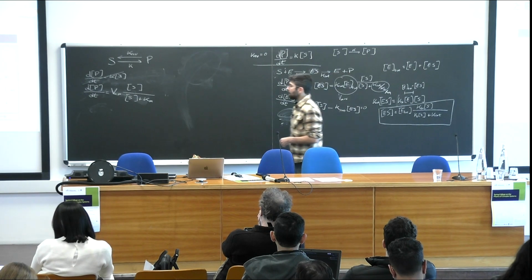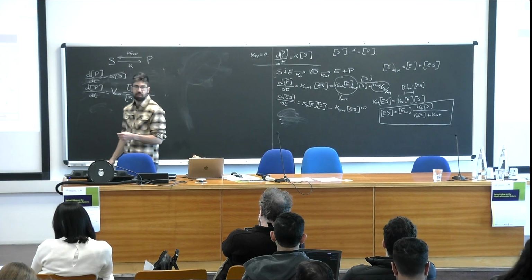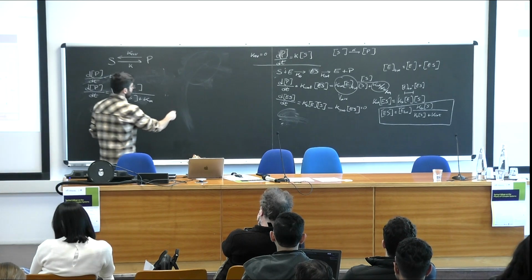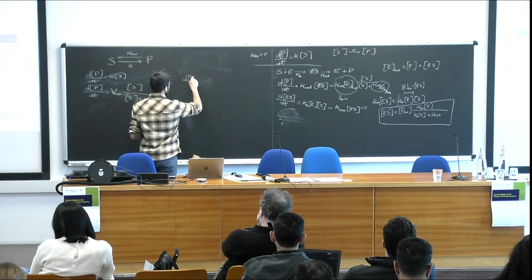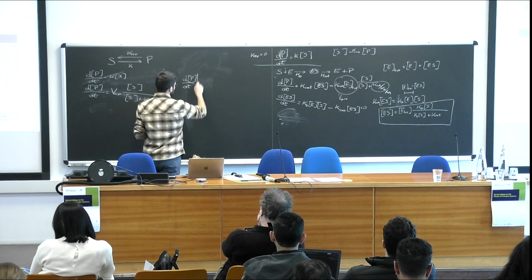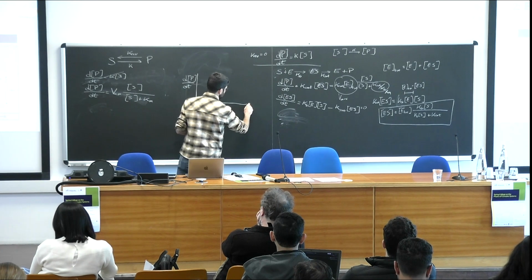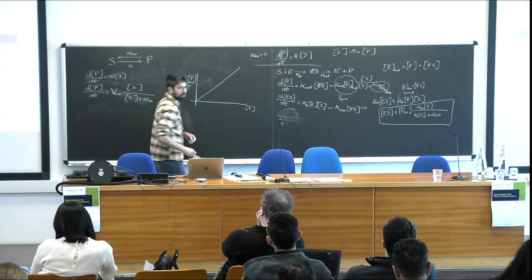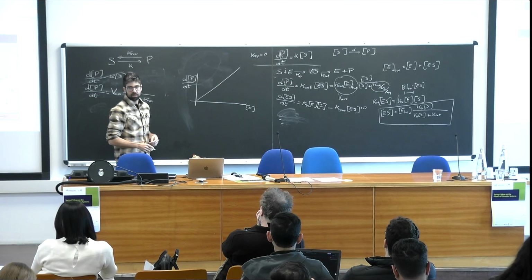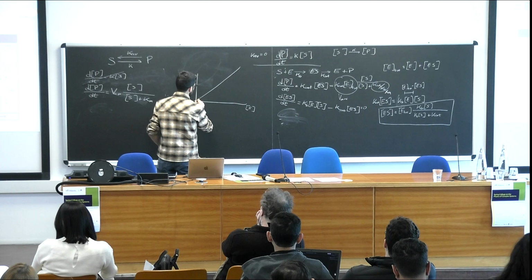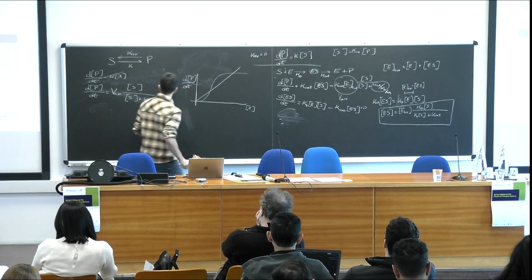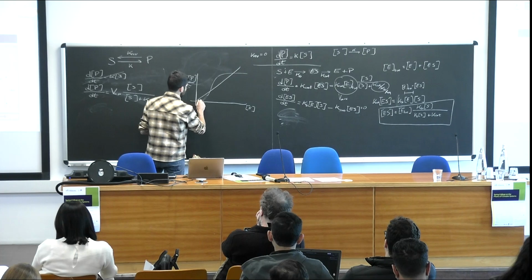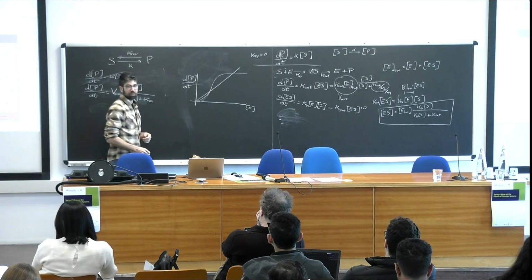Okay? Now this is fundamentally different from before, because what we had before is that the rate at which the product was produced as a function of the substrate was something linear. While now we have something with a sigmoidal shape, right? So something which is still linear at the beginning and then saturates, right?